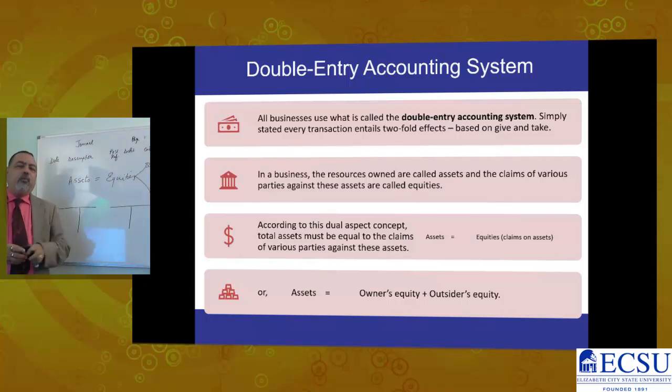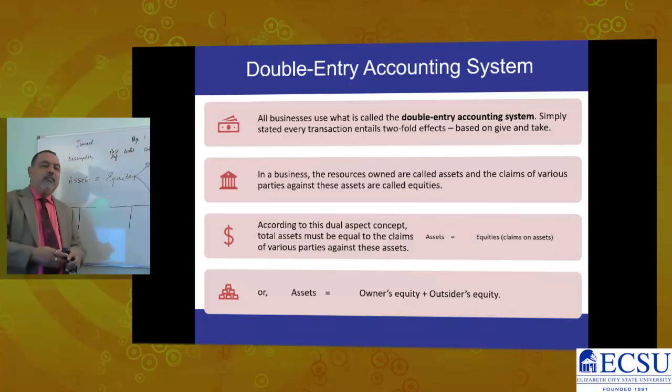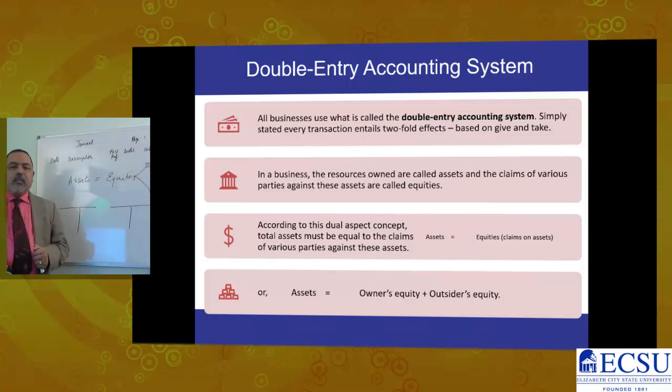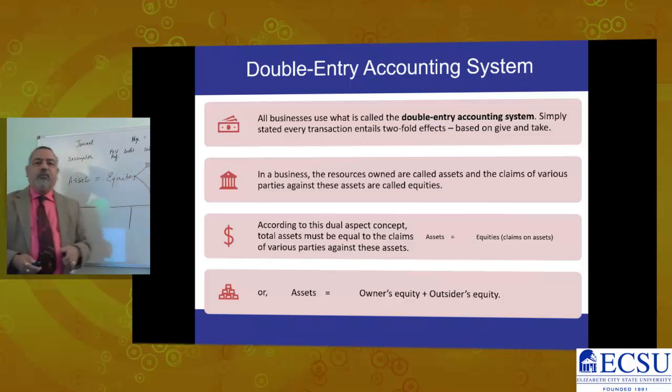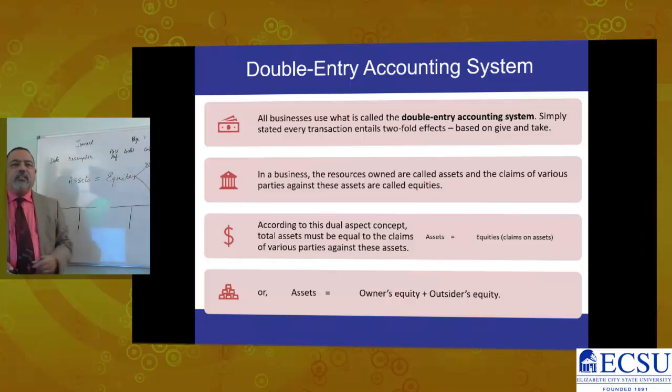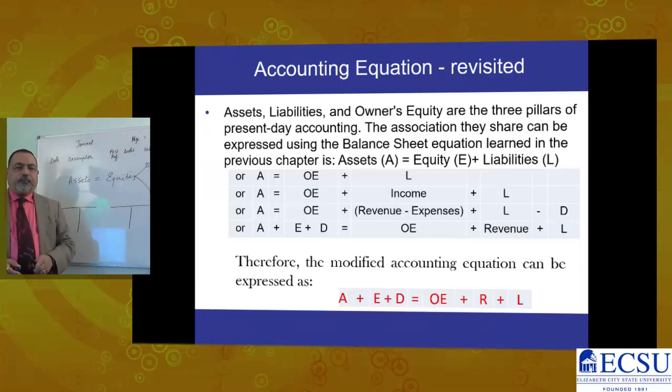But here, when we're talking of outsiders, that means if you have borrowed money, or somebody has given you services on credit, all that will be part of that claim against the resources of the company in terms of the lending. So therefore, we come to the accounting equation as assets will be equal to the owner's equity plus the outsider's equity. So that's how the double entry system works.